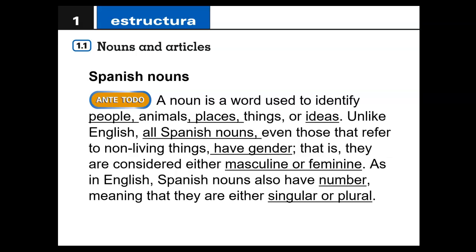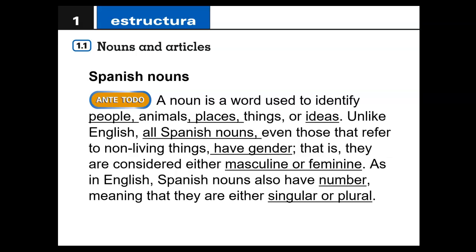Okay, so it says a noun is a word used to identify people, animals, places, things, or ideas, just like English. Unlike English, all Spanish nouns, even those that refer to non-living things, have gender. That is, they are considered either masculine or feminine. For example, if I had the chair in Spanish, it would be la silla.